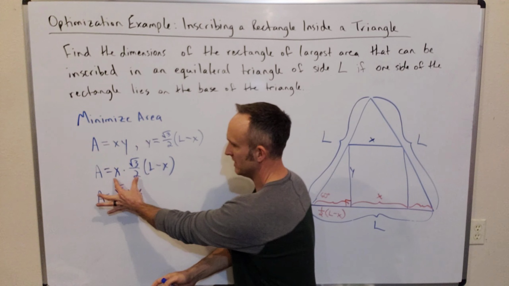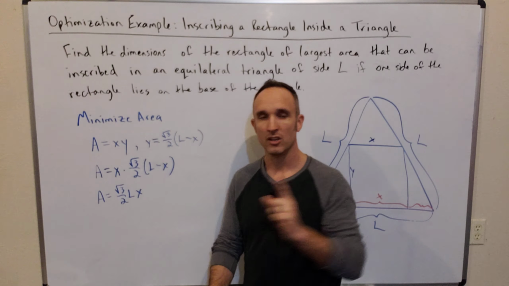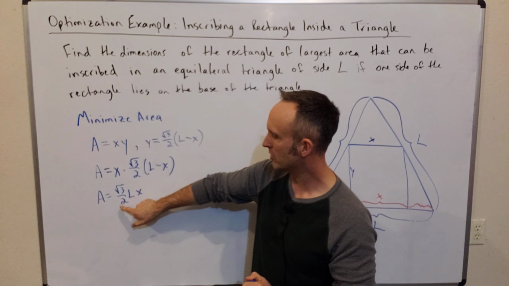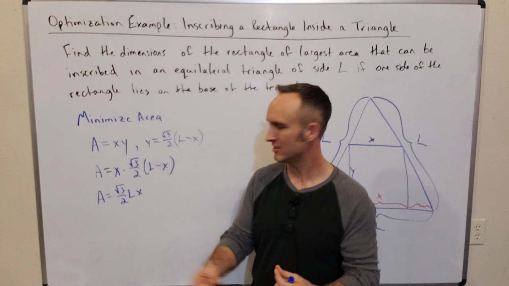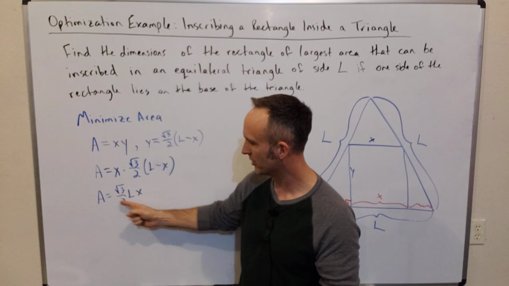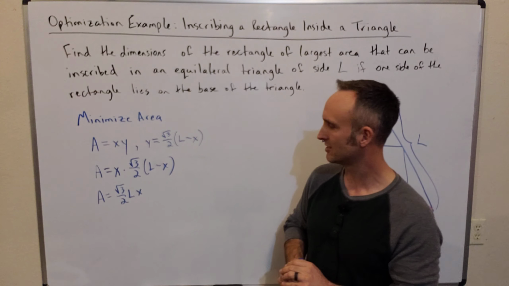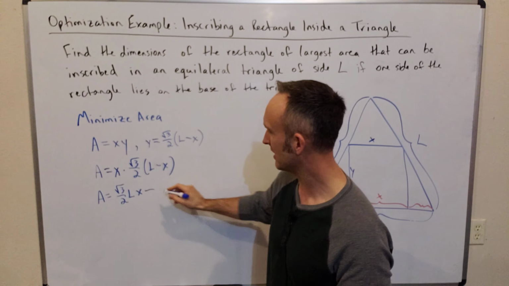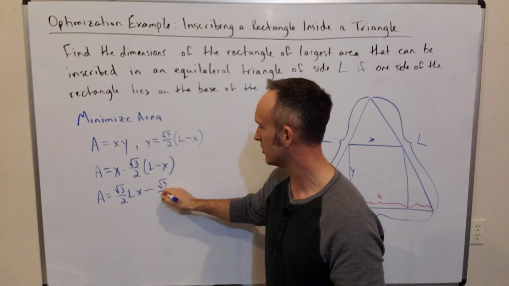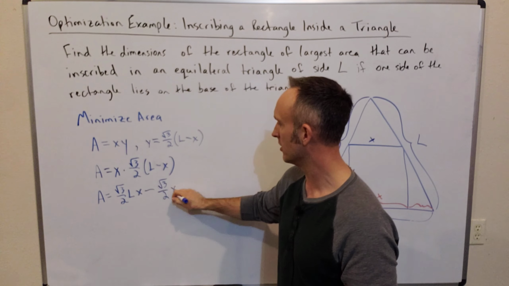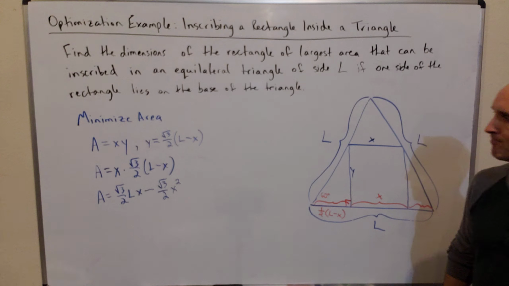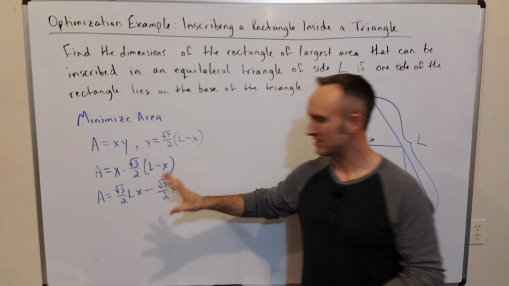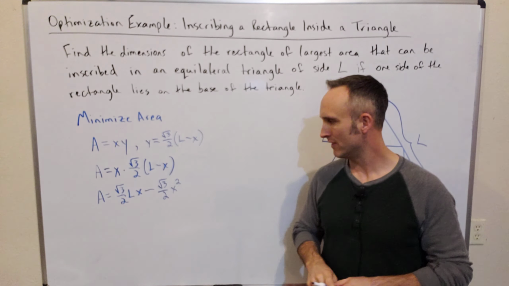The reason I'm putting it in this format is because x is my variable, whereas the square root of 3 over 2 and L are constants. So I'm absorbing my constants into the coefficient of my variable x. Minus, if I distribute to my negative x, I get square root of 3 over 2 as my coefficient times x squared. Okay? So now I have my area function as simple as it can get in terms of a single variable.